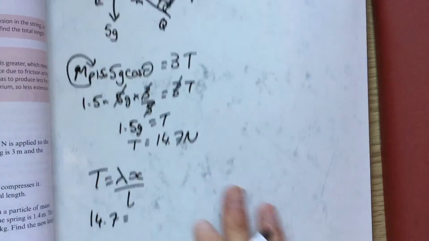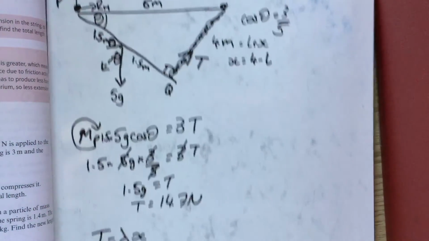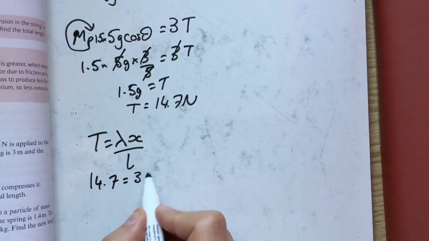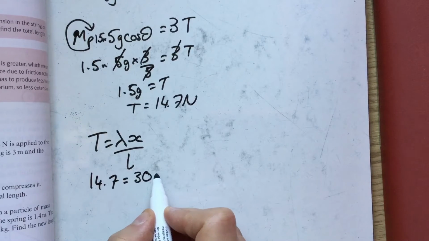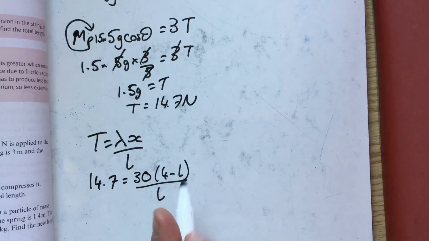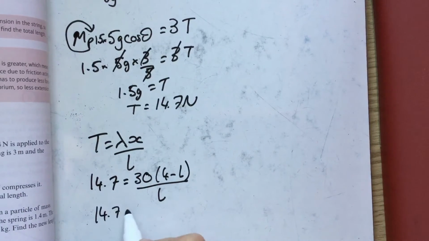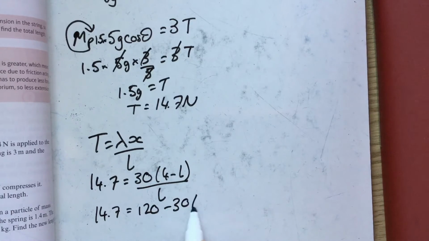So I've got 14.7 is equal to, our modulus elasticity was given in the question as 30 newtons. So this is 30 times by my extension, which is 4 minus L, all over L, because L is what we are looking for. Multiply up, 14.7 equals 120 minus 30L.